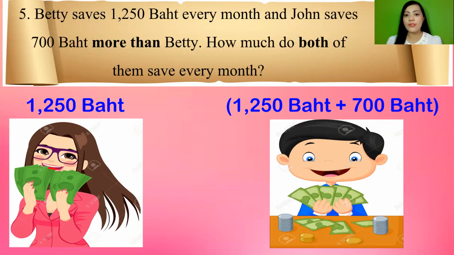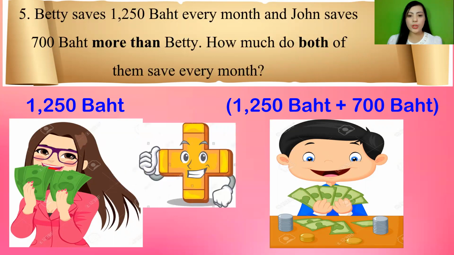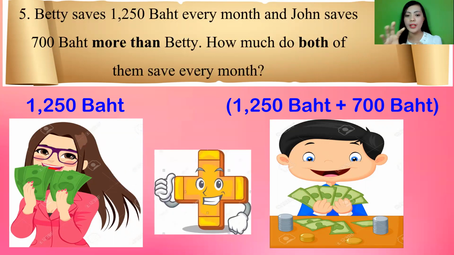Okay, after we find the money that John has saved, then we can add Betty's savings plus John's savings. All right, so I hope you get that. So we have 3 numbers here to solve. Okay, the word both is addition, right? So we need to plus Betty's savings plus John's savings, okay, as I have said. But we need to find at first how much money John saves, okay?